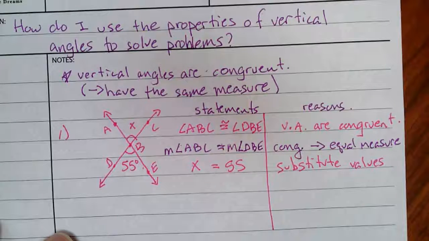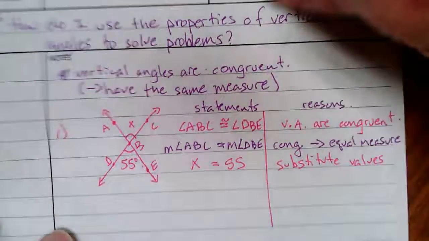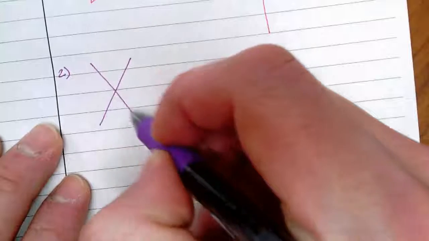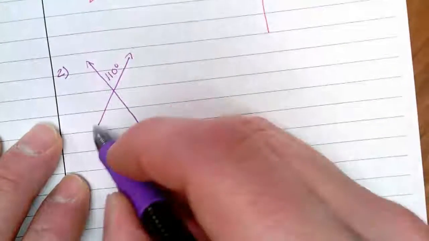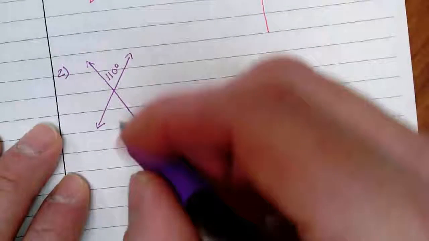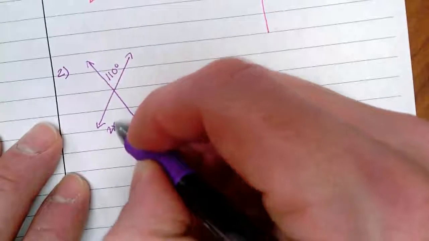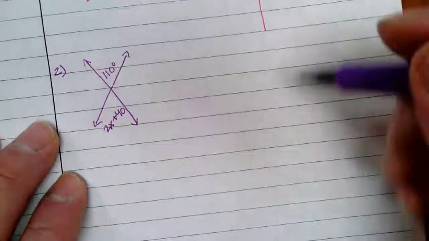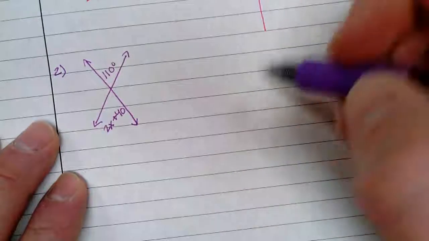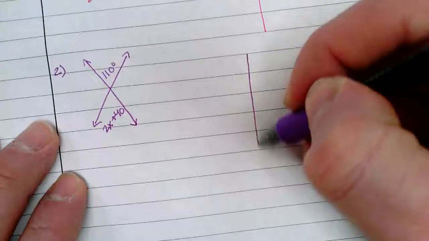All right, let's take a look at a more complicated problem now. All right, number 2. Here, we're not going to do the whole proof thing on this one. I'm going to put that this is 110 degrees. And down here, we're going to call this 2x plus 40. Okay? So first, we're going to abbreviate this just a little bit.